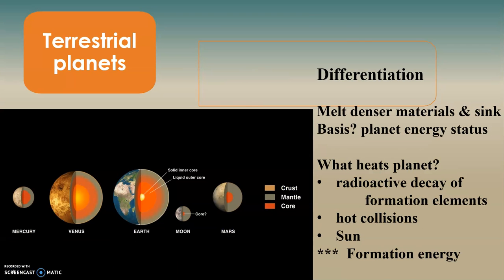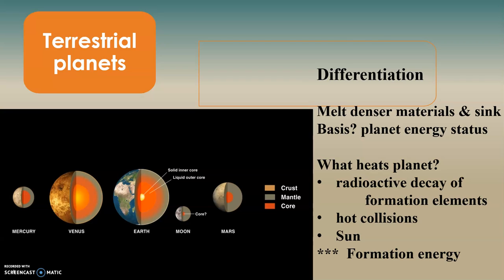Well, what will melt the dense materials so that they will sink to the core? There's a few things that can contribute energy to the planet. And one is to think about formation of those planets. And this is about 4.5 billion years ago. This is after the Big Bang. And there are materials that form the sun and spin off and collect other materials from the Big Bang into our solar system.